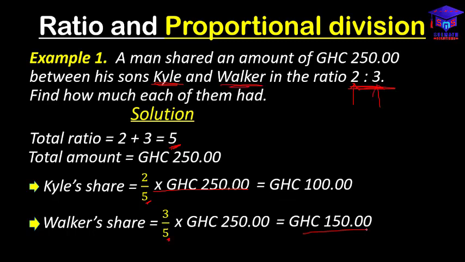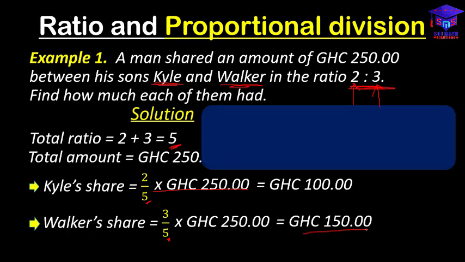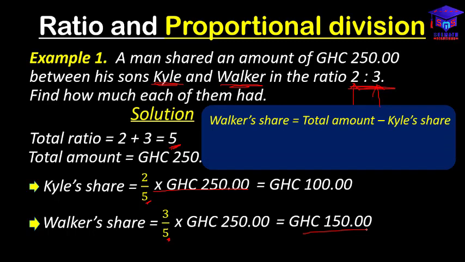Now the other way or method that you can use to get Walker's share is that someone can say that Walker's share is equal to the total amount minus Kyle's share. Two of us had 250 Ghana cedis to share, and my share is 100 cedis. If my share is 100 cedis, then your share will be the remaining balance, right?